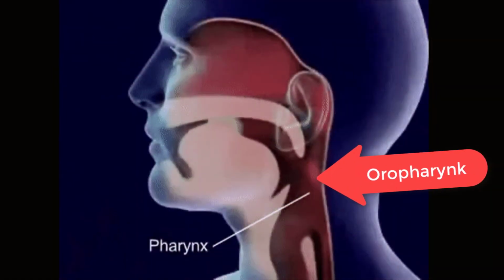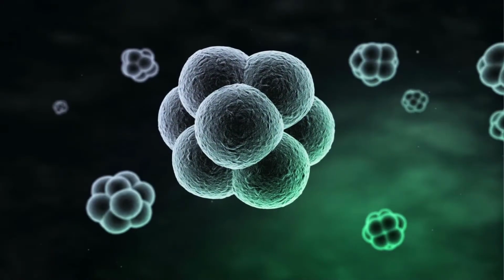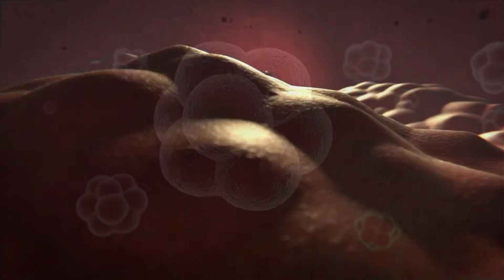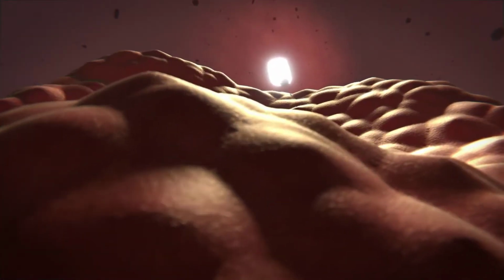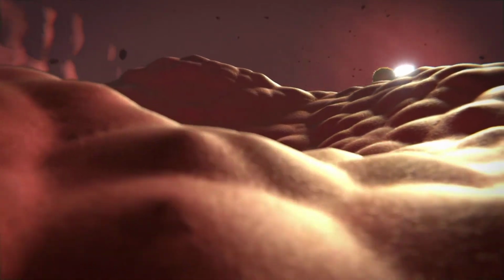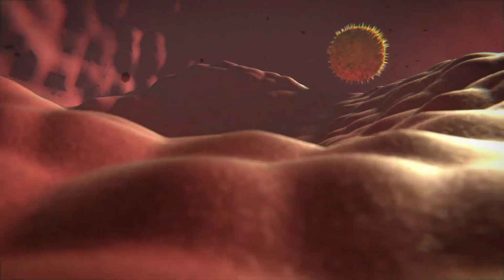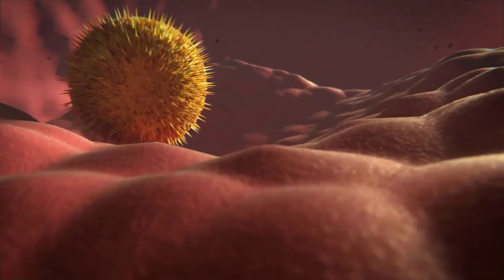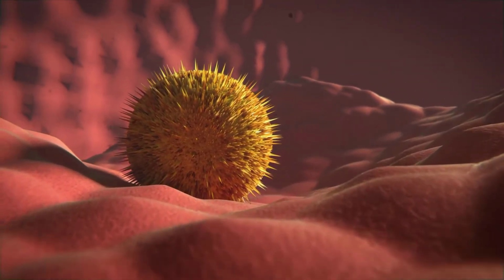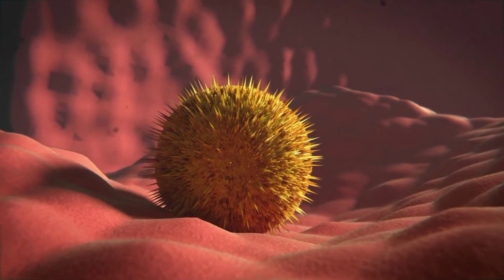The oropharynx, which is the middle portion of the pharynx or throat, is colonized by Haemophilus, Neisseria, and Streptococci. In the lower respiratory tract, there is little, if any, microbiota. Small numbers of bacterial cells may be found in the larynx and trachea, but they are usually transient and are usually eliminated by the cellular and chemical immune defenses of the lower respiratory tract.